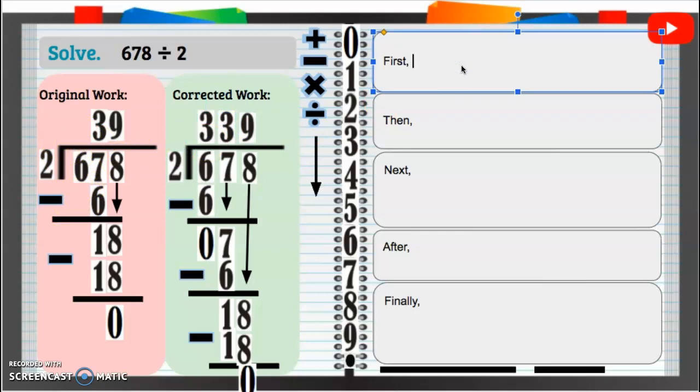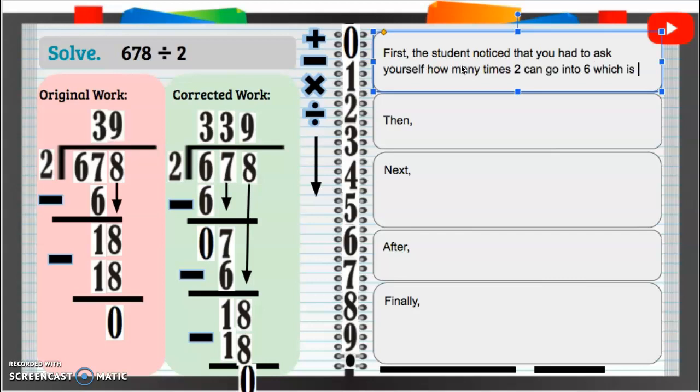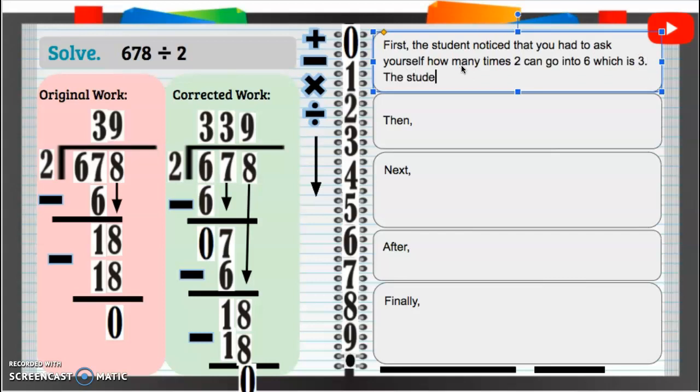So first we can say, well, the student noticed that you had to ask yourself how many times 2 can go into 6, which is 3. The student knew that the product of 2 and 3 is 6.